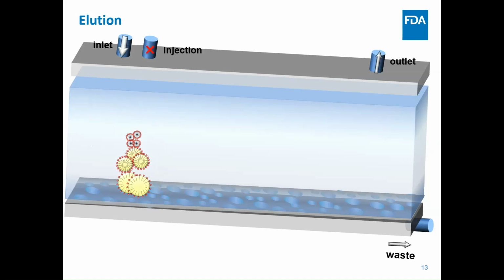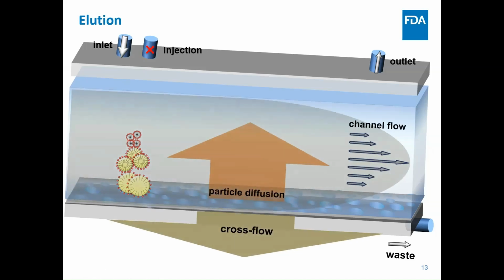In the elution step, we have a stronger inlet flow, where part of the inlet flow goes to the outlet, and part of the flow goes to the cross flow and to the waste. So the flow inside the channel will form something like this.